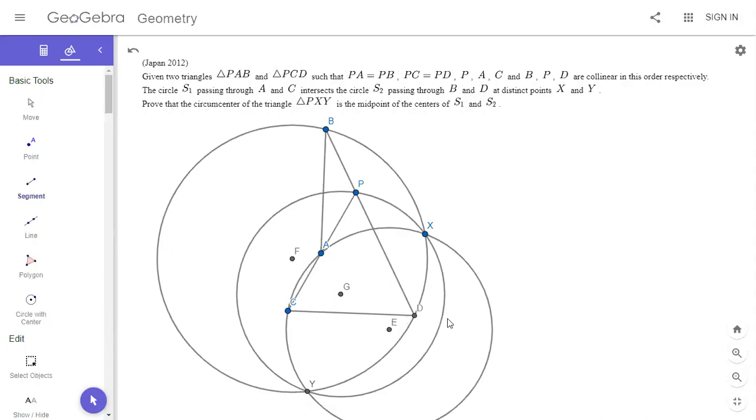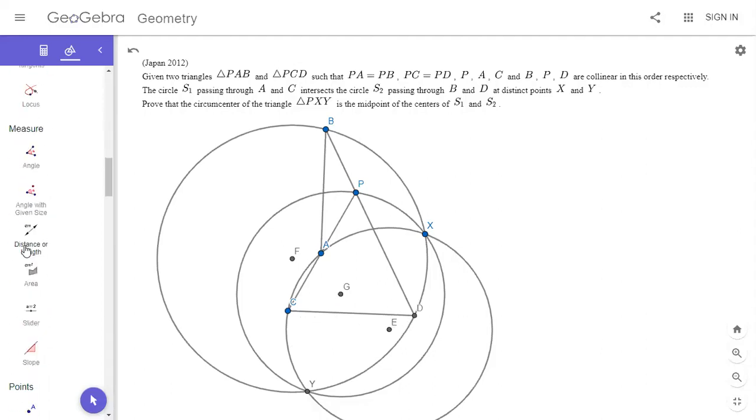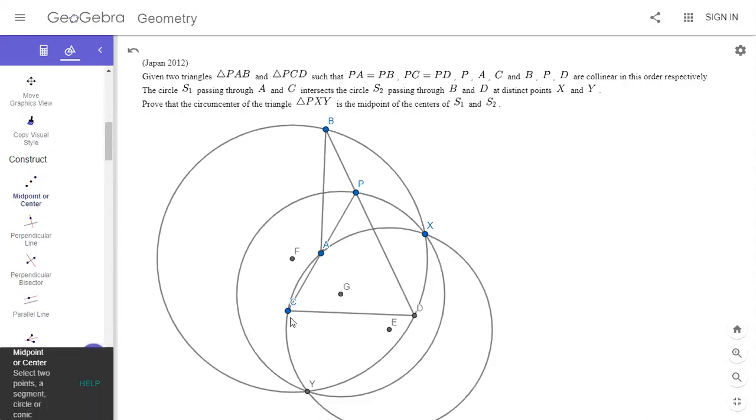Now, what if I drew the midpoints of both of those? Like this.